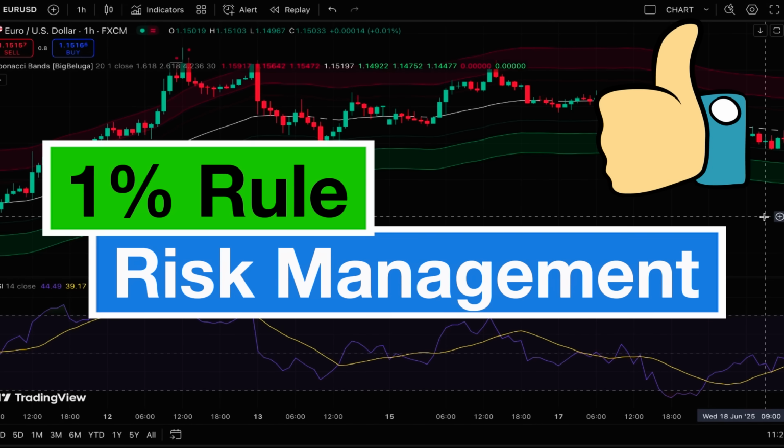By the help of this risk management strategy, your position size is calculated in a way that you will lose only 1% of your trading account if the market goes against you and hitting your stop loss. For example, if you have a $10,000 trading account, your loss will be only $100, 1% of your trading account. By the help of this risk management strategy, you can limit your loss to a minimum amount so you can protect your trading account from falling significantly.